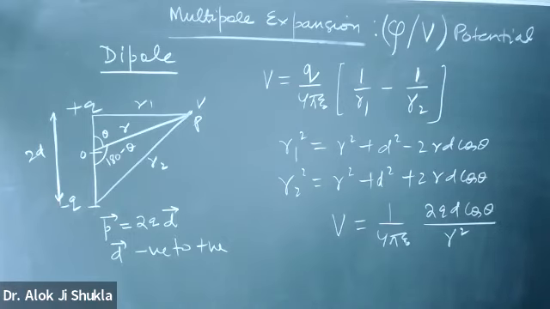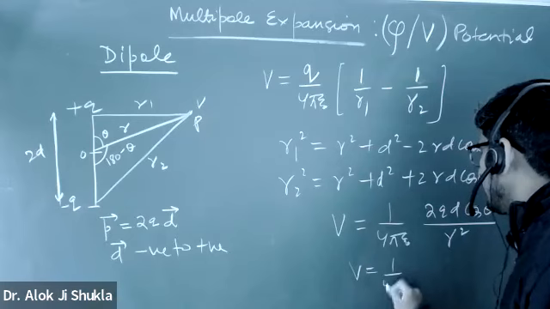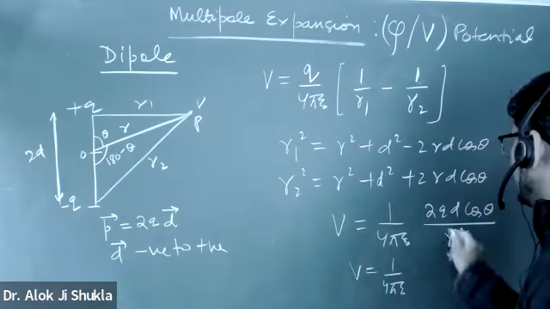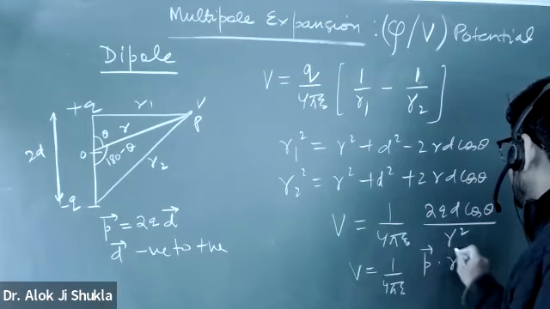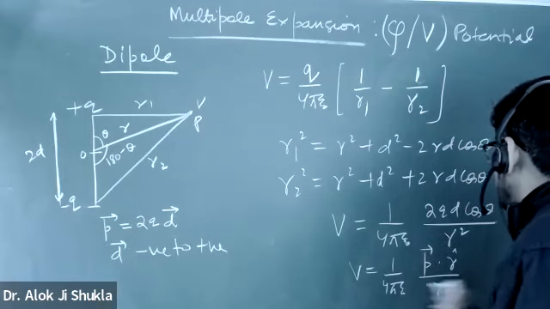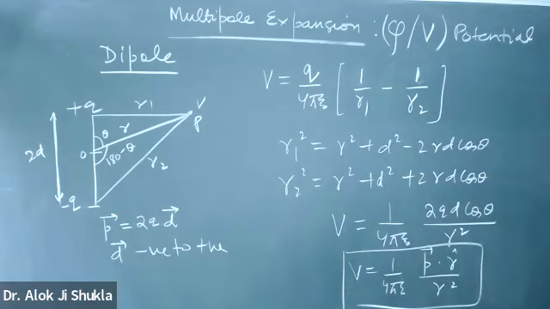You make an approximation that R is greater than D. Then you get this and you can write it like this 1 upon 4 pi epsilon naught, देखो इधर ध्यान से, P dot R cap by R square. This is the potential. This you have been seeing since your class 12th.